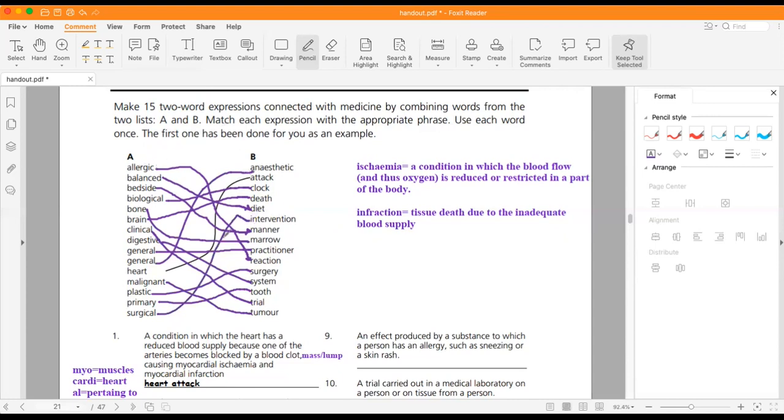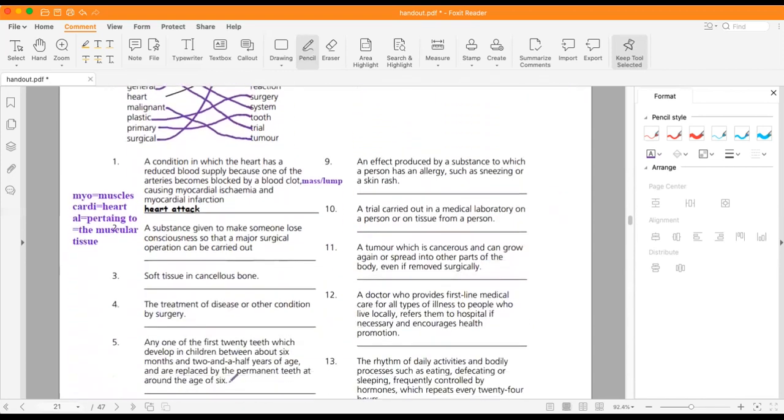We say allergic reaction, balanced diet, bedside manner, biological clock, bone marrow, brain death, clinical trial, digestive system, general anesthetic, general practitioner, heart attack, malignant tumor, plastic surgery, primary tooth, and surgical intervention.